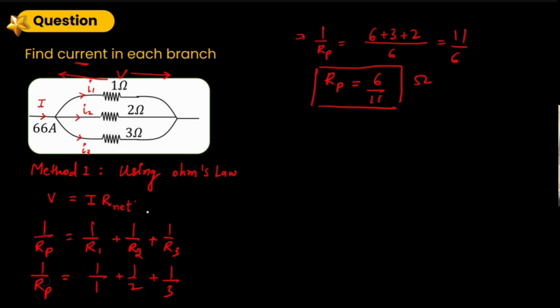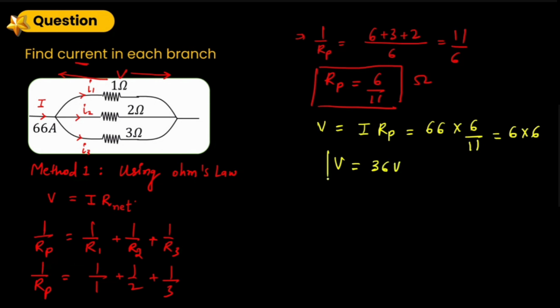Next, we can find the potential, which is I times R. I is 66 and R is what we just found, so it is 66 times 6 by 11, which is 6 times 6, so the potential would be 36 volts.